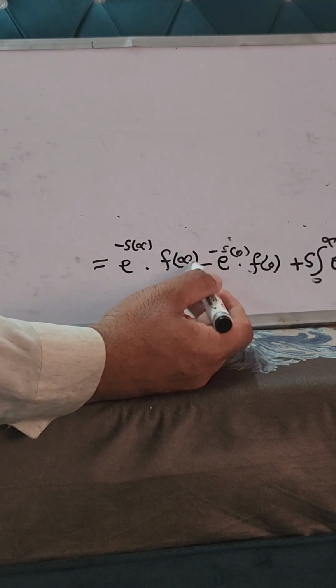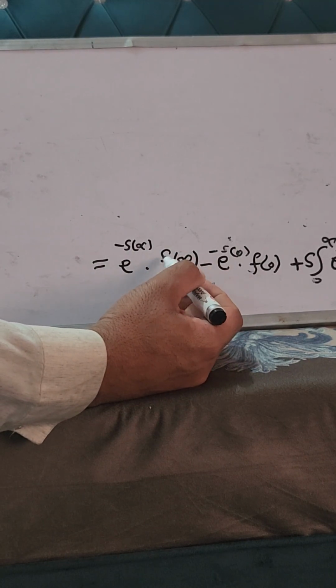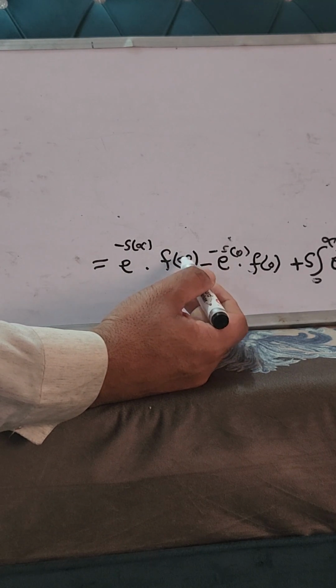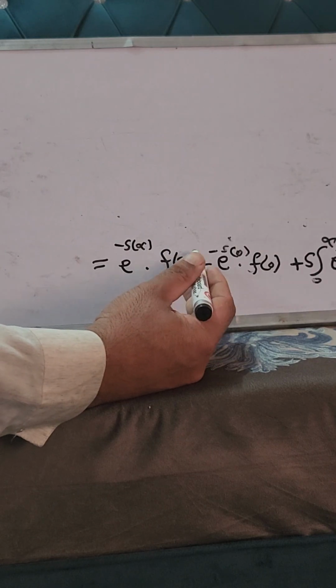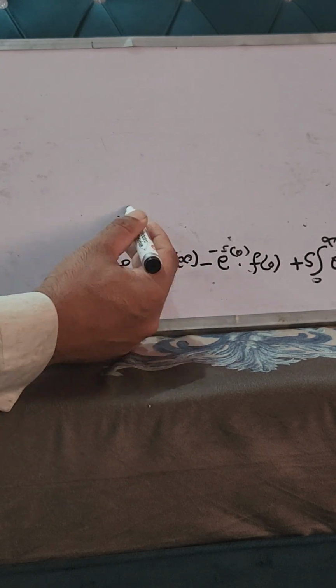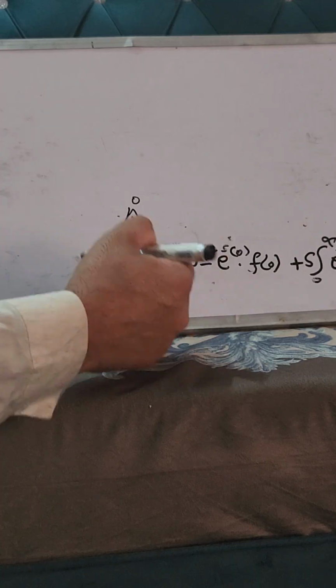As the derivative of function f of t exists, f of t is finite, and f of infinity will again give a finite value. So this is a finite value, and e to the power minus infinity is just 0. So this term will overall be 0.